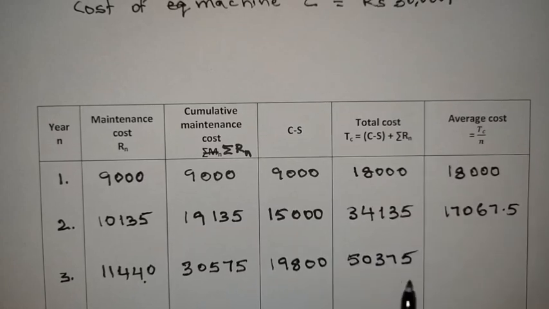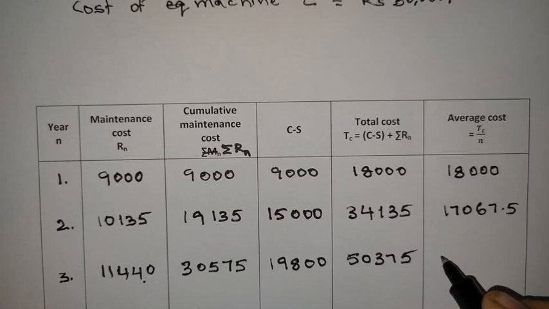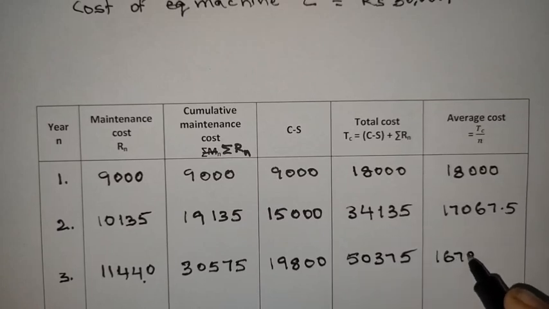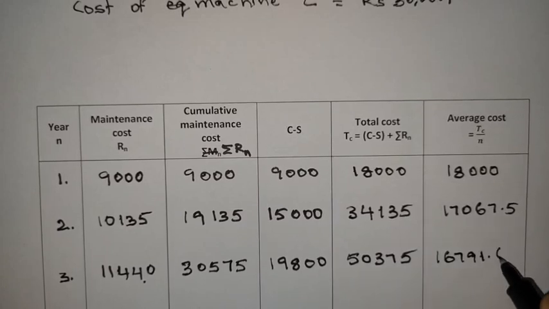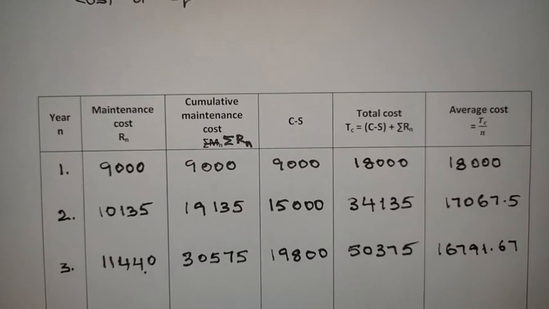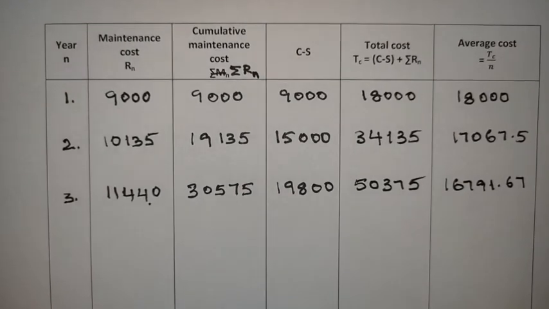So calculate the average cost, 50,375 by 3. Then you will get 16,791.67. Right?